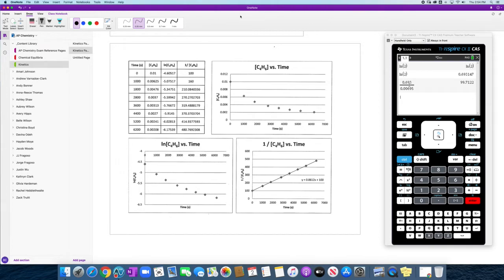So here's the concentration versus time. Now let's just show that the half-life is changing. This happens to be second order. It is second order because we've seen that the reciprocal of concentration versus time gives a linear plot. So we know that this is a second order reaction.